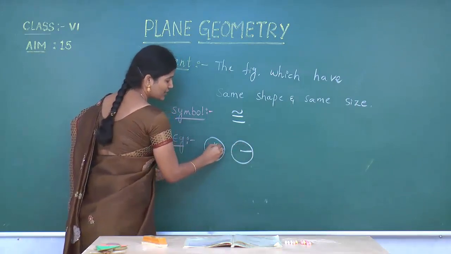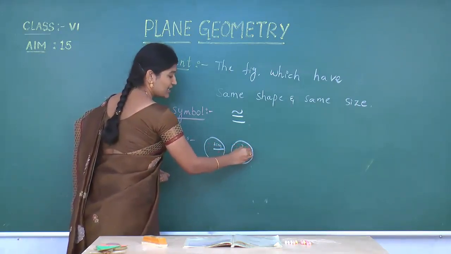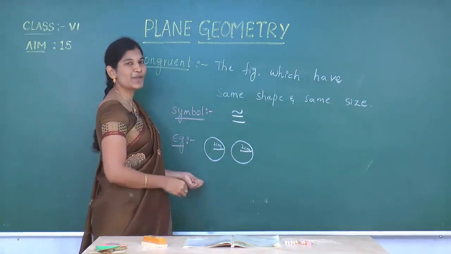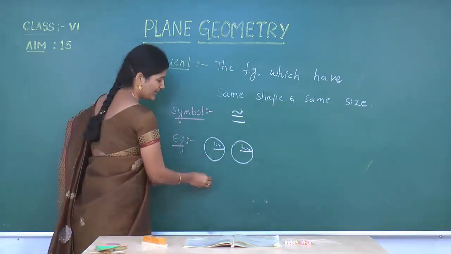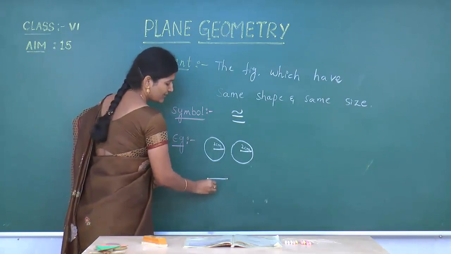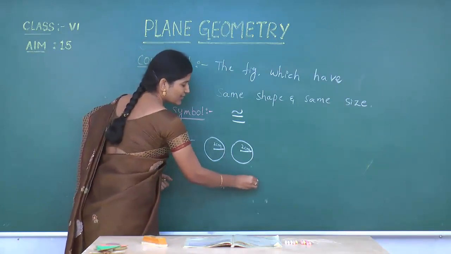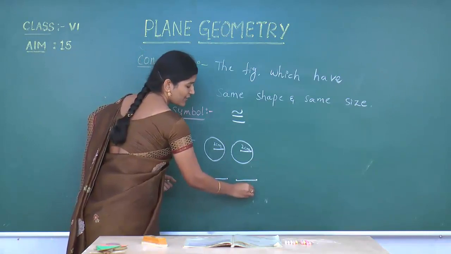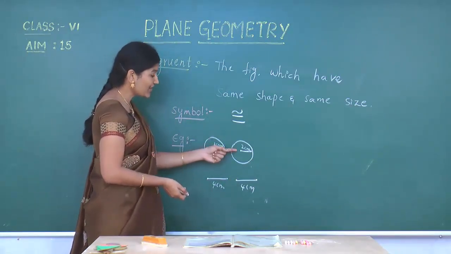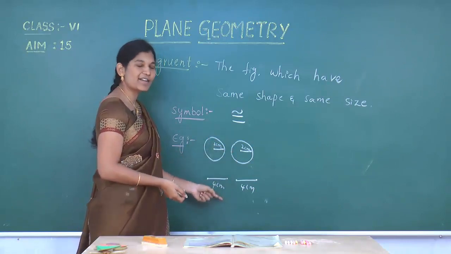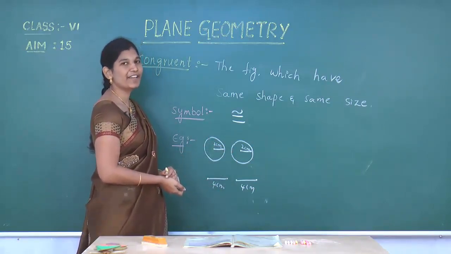Means if this is 2 centimeters radius, this also must be 2 centimeters. For line segments with the same measurements, suppose it is 4 centimeters, the next one must also be 4 centimeters. Then only can we say those figures are congruent figures.